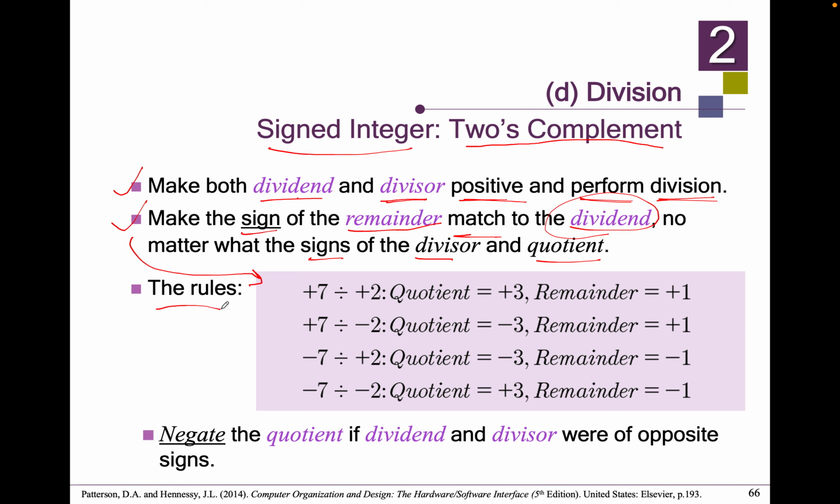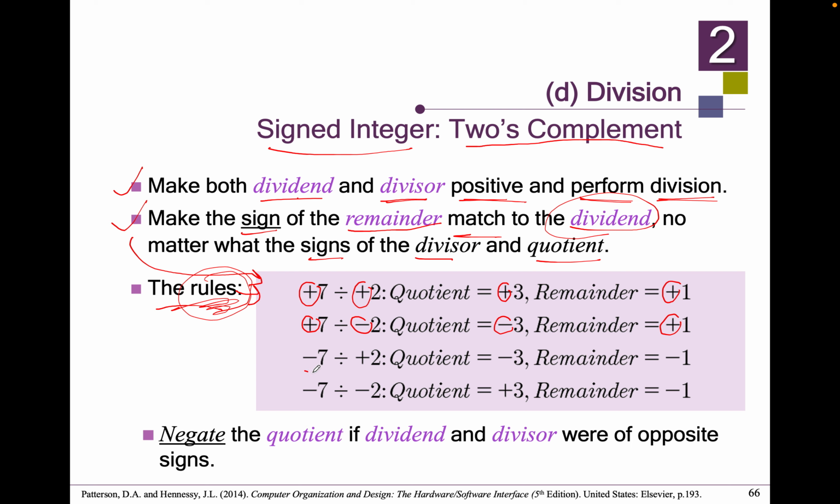You can summarize these into rules. If you have positive, your quotient will be positive, your remainder will be positive. You need to apply this, okay? If you have positive for your dividend and your divisor is negative, the quotient will be negative, the remainder will be positive. It is fixed, okay? These are the rules you need to apply.